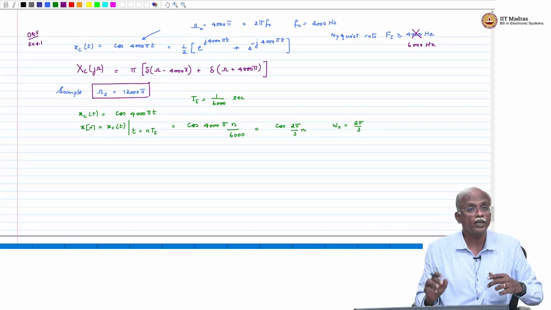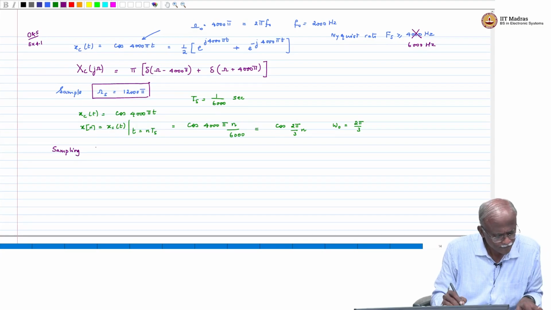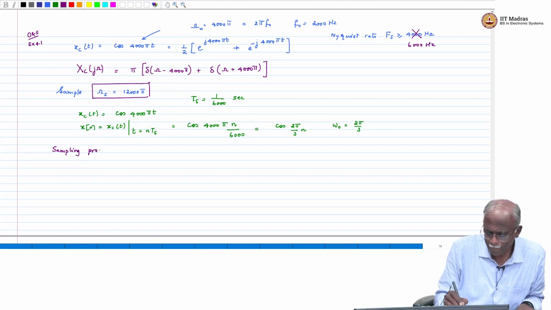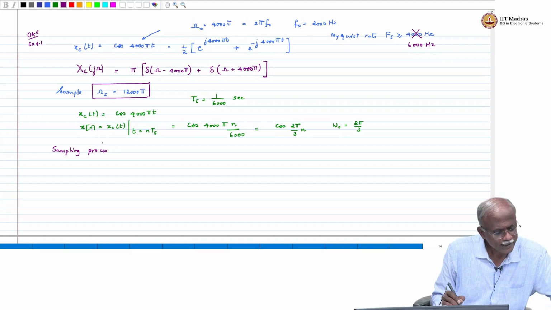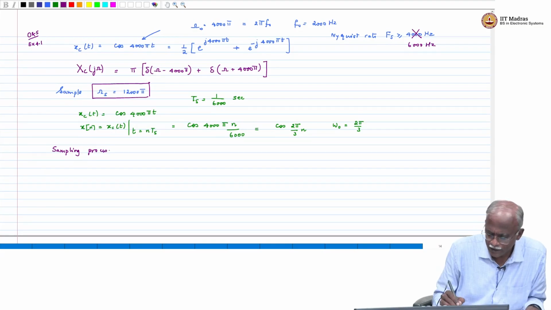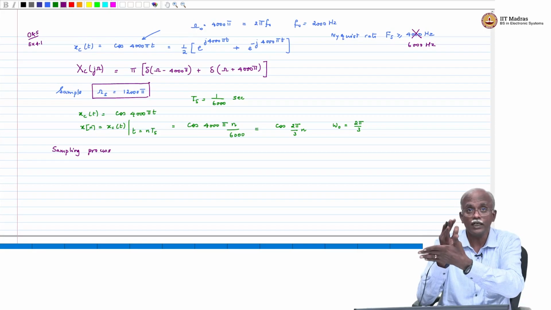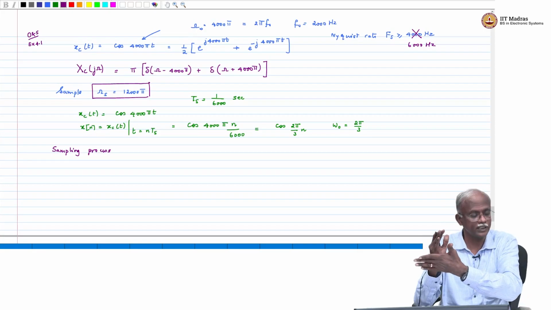What other frequencies got generated in the sampling process? Remember, we said you are multiplying the continuous time signal with the Dirac delta signal.